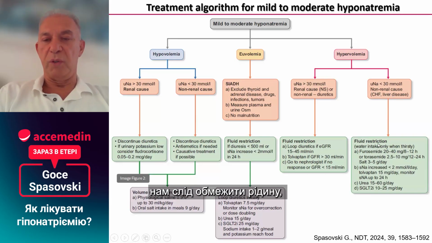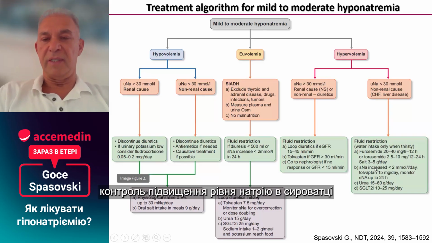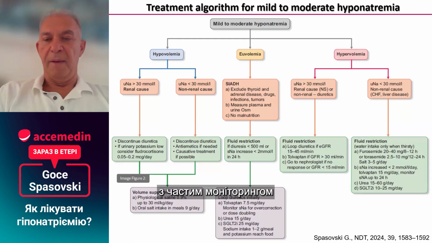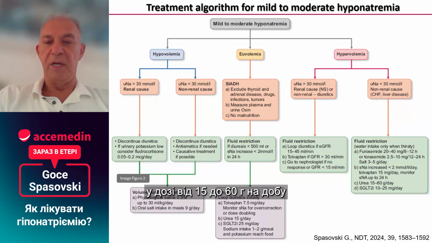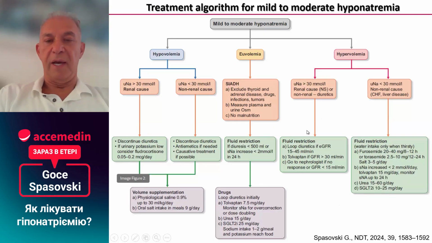In that case, we should restrict the fluid. We should give furosemide. We should increase the serum sodium with tolvaptan, and we may use urea 15 to 60 grams per day, and SGLT2 inhibitors 10 to 25 milligrams per day.